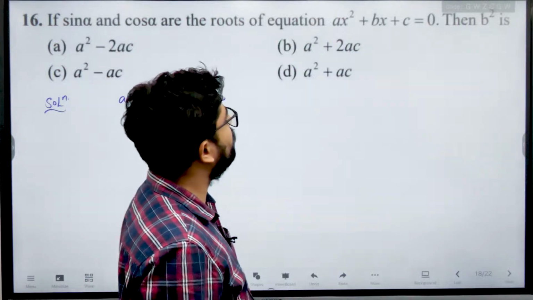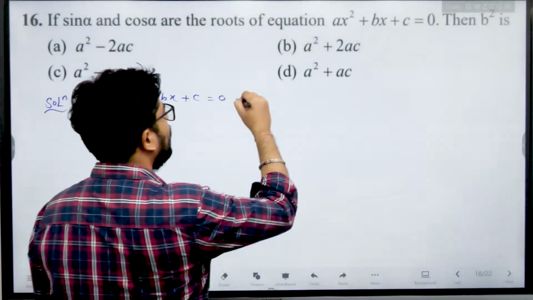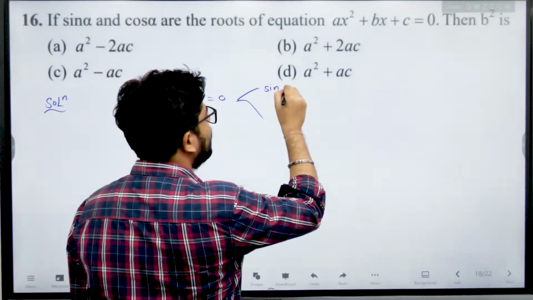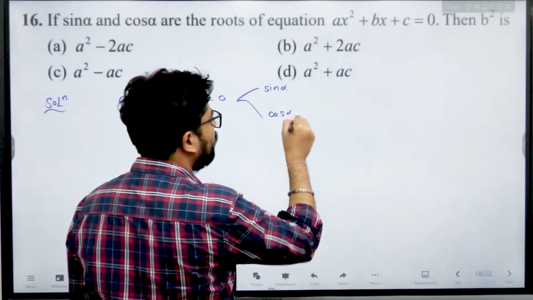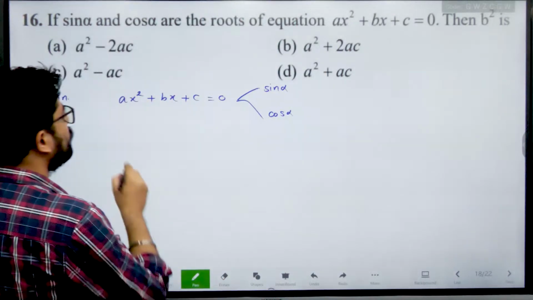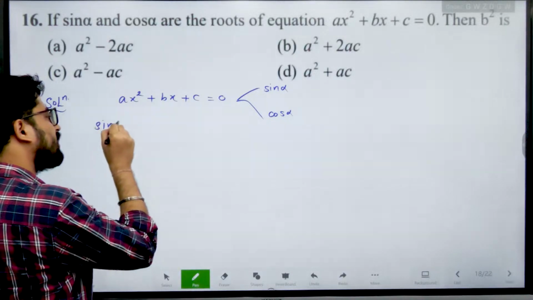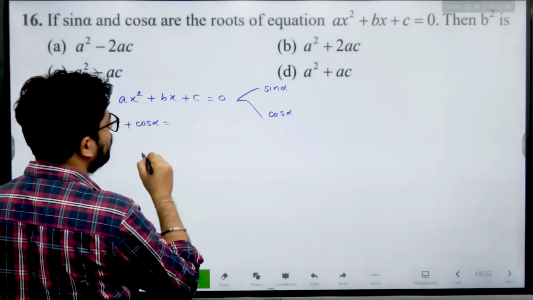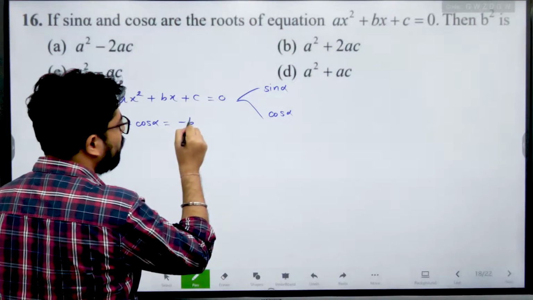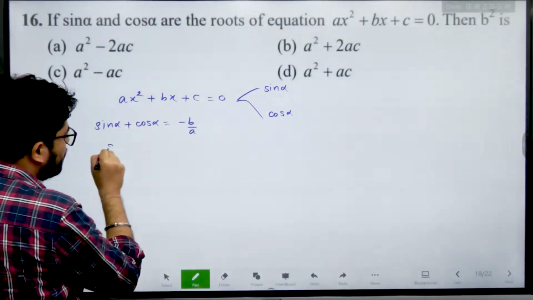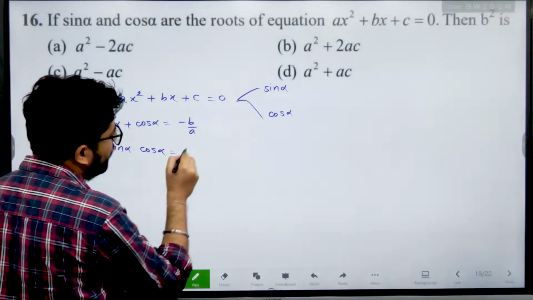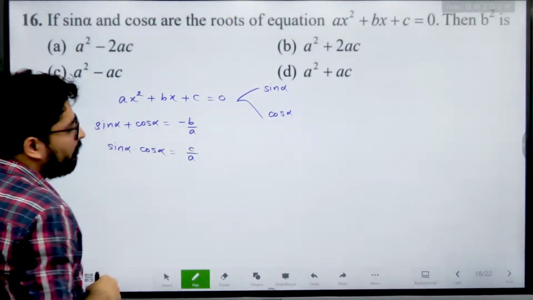This equation has two roots, sin alpha and cos alpha. According to the sum of the roots, sin alpha plus cos alpha is minus b by a, and sin alpha into cos alpha is the product of roots, that is c by a.